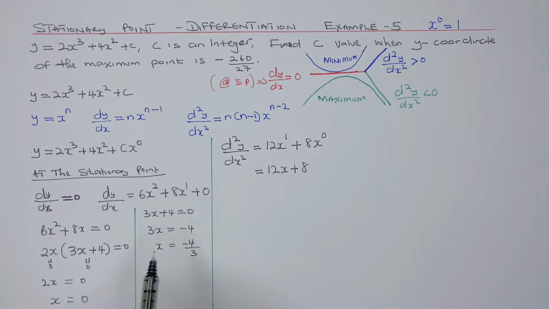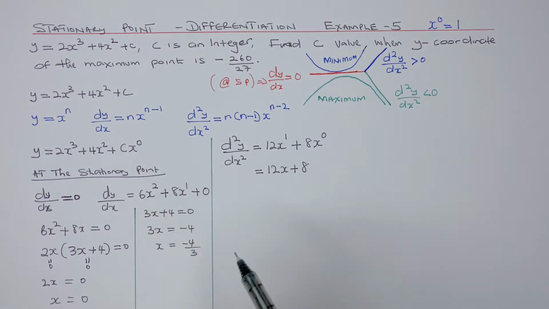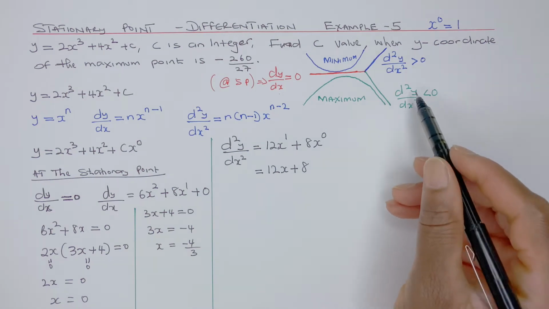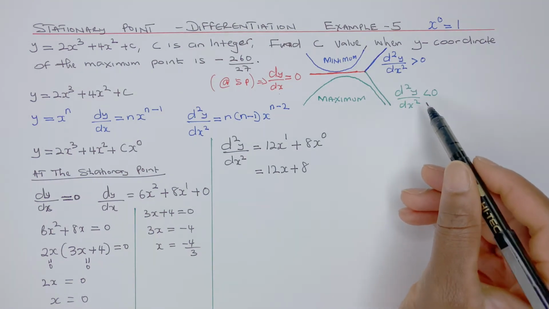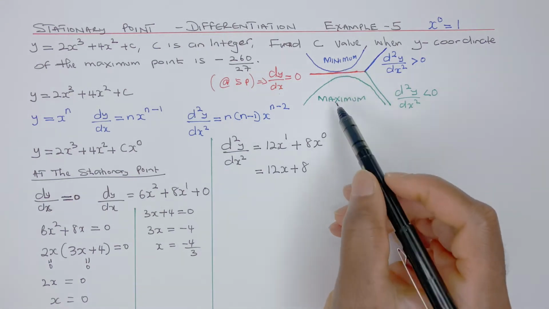Now we need to find the value of d2y/dx squared. One of them is going to be positive and the other most likely negative, which would tell us whether it's minimum or maximum.